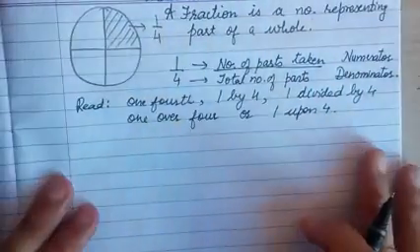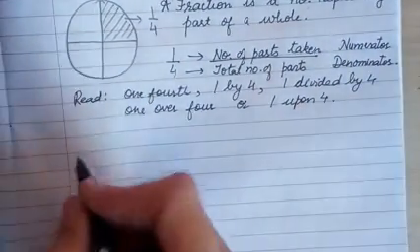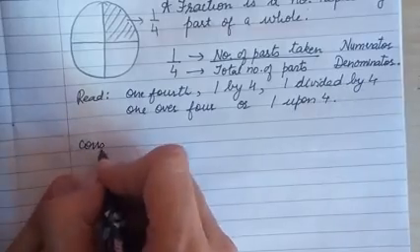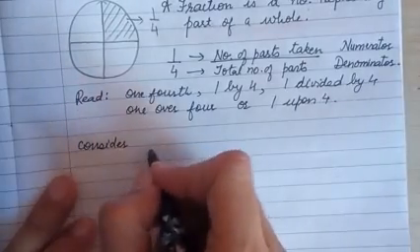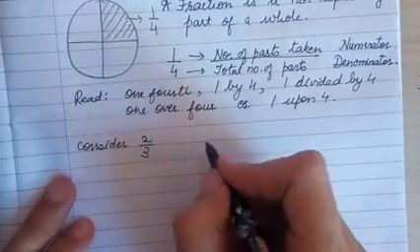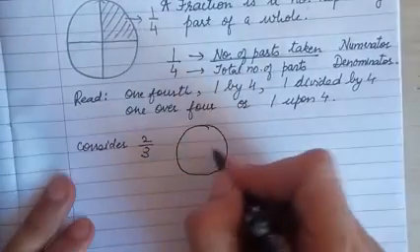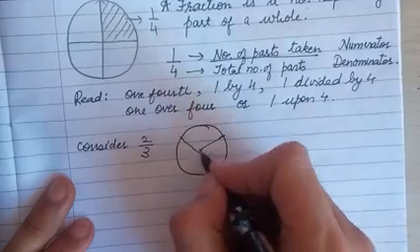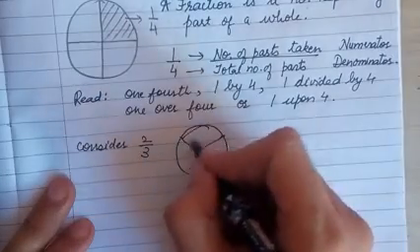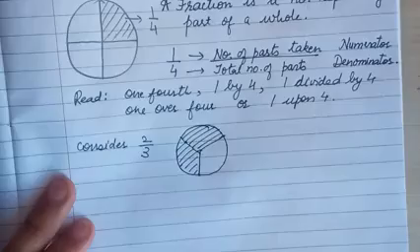There are various ways to read a fraction. Now consider the fraction 2/3. This 2/3 means we are considering a whole, dividing it into 3 equal parts and taking 2 parts out of these 3 parts.